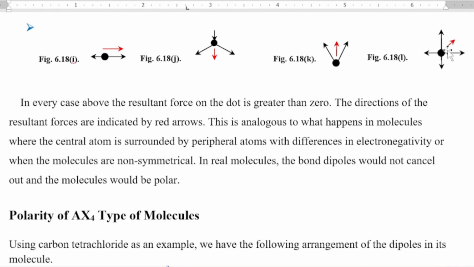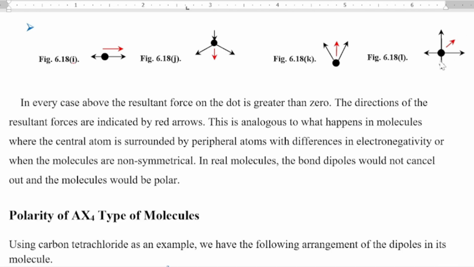Now this one here, 4 vectors, 2 of them like that, equal 90 degrees. So these ones here will overwhelm these ones because they're stronger, and therefore there will be a net resultant force in that direction here.